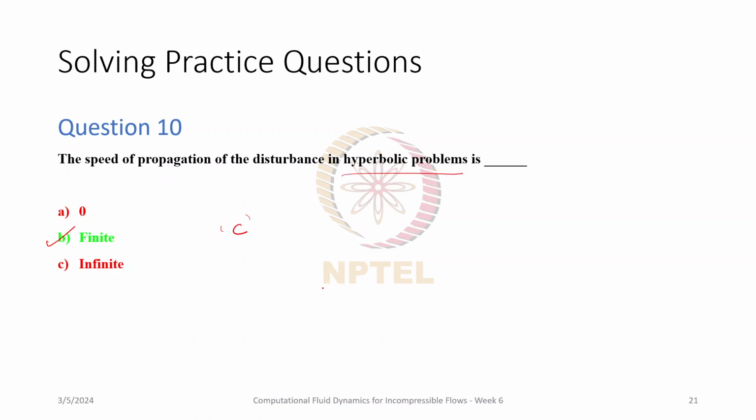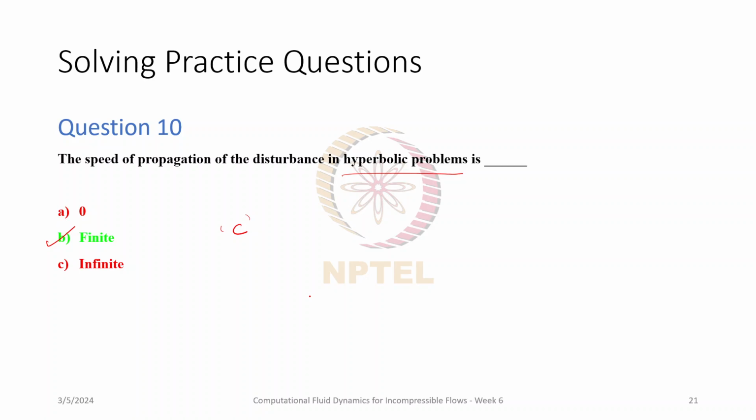In elliptic problems, the speed of propagation becomes infinite, because if I make some change in one of the boundary conditions, that change in boundary condition is basically a disturbance which is introduced, and that disturbance is felt in the entire domain instantaneously in zero time. So some distance traveled by the disturbance divided by zero time basically gives you infinite speed.